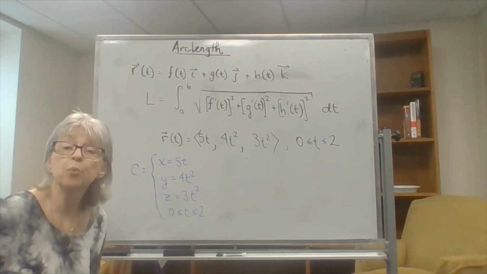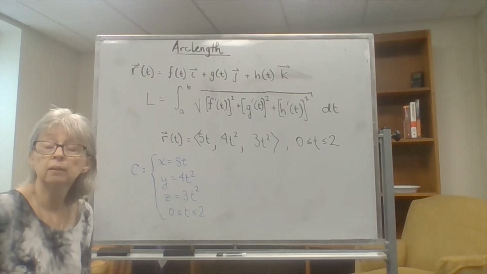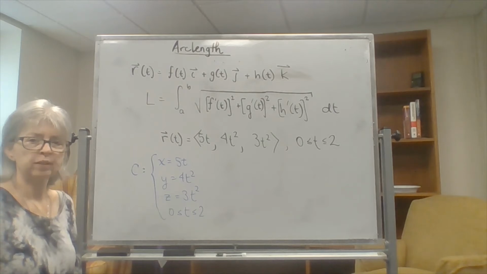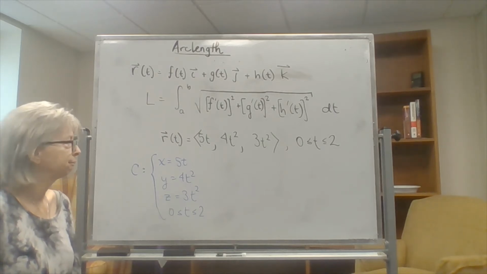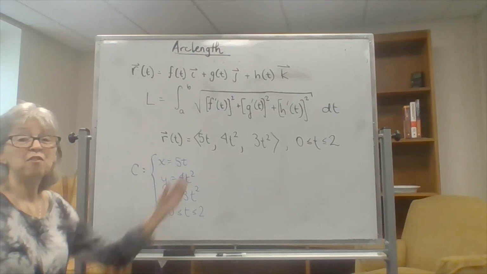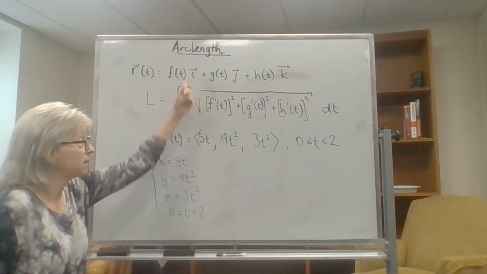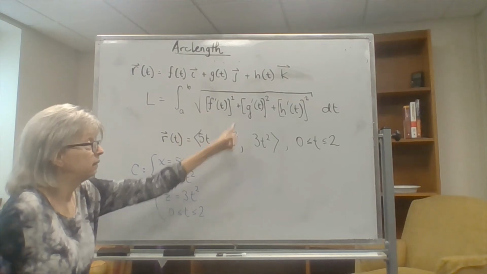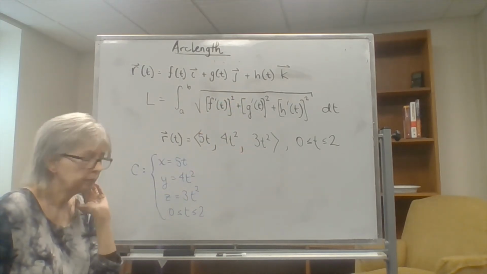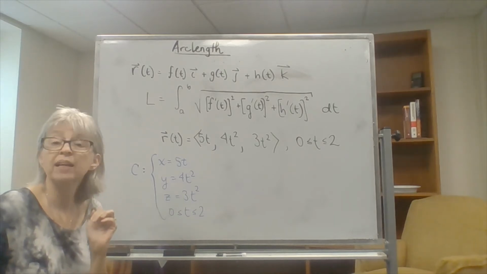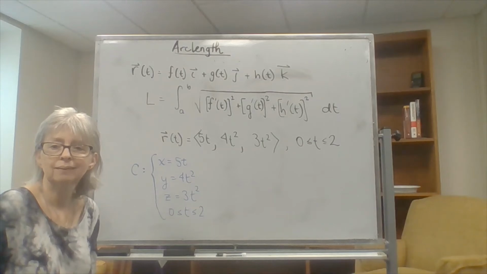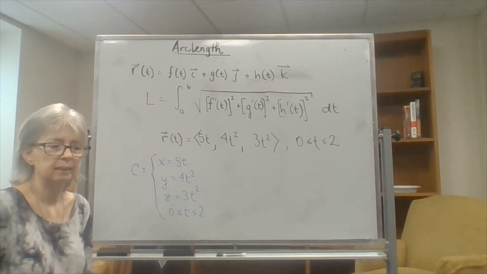So you might see the problem presented to you this way, and you might be asked, find the length of the curve. Well, however it's presented to you, I have x, y, and z, and I have them as functions of t, and so I can find their derivatives, pop them into that formula, and hope for the best.